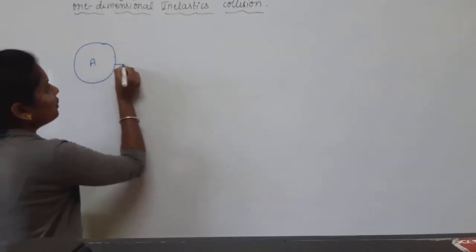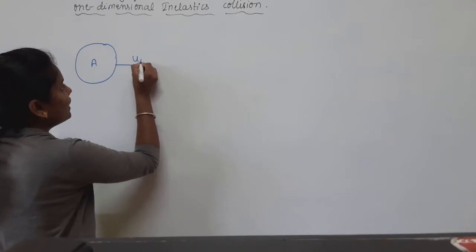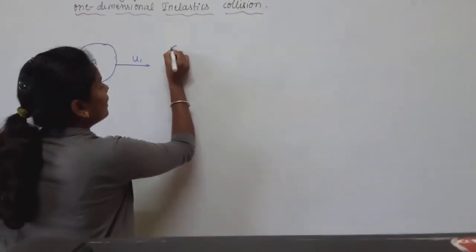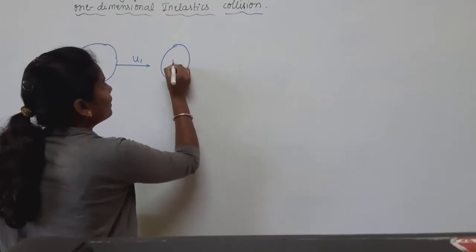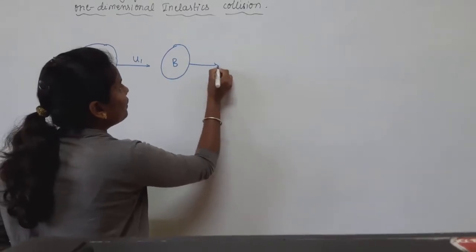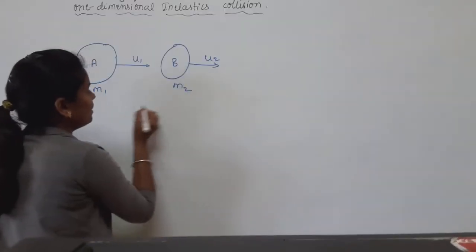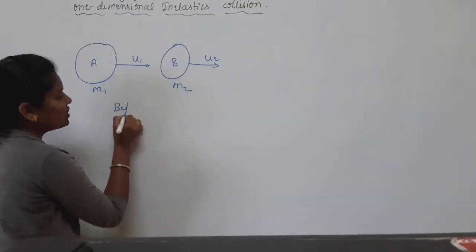Let us consider two bodies. Body A is moving with a velocity u1 and has mass m1, and another body B is moving with a velocity u2 and has mass m2. This is before collision.